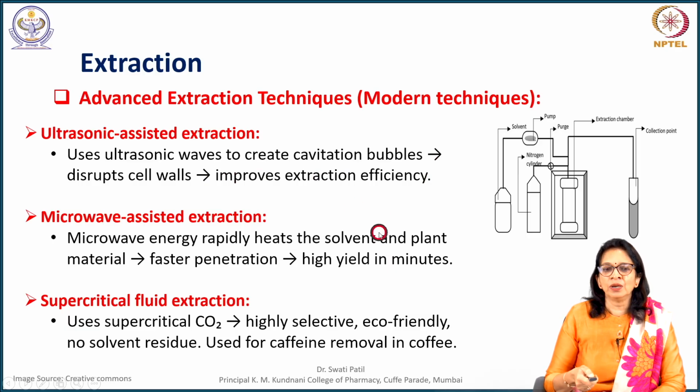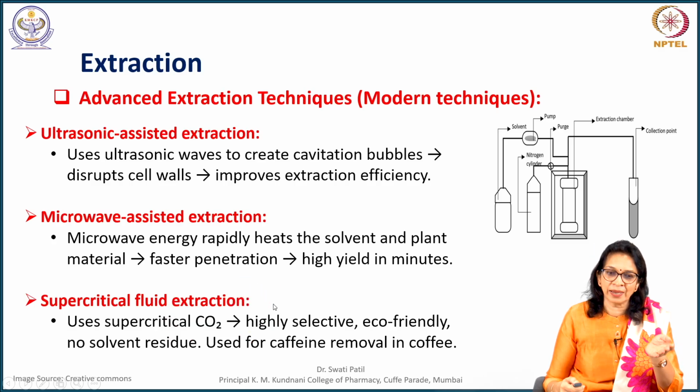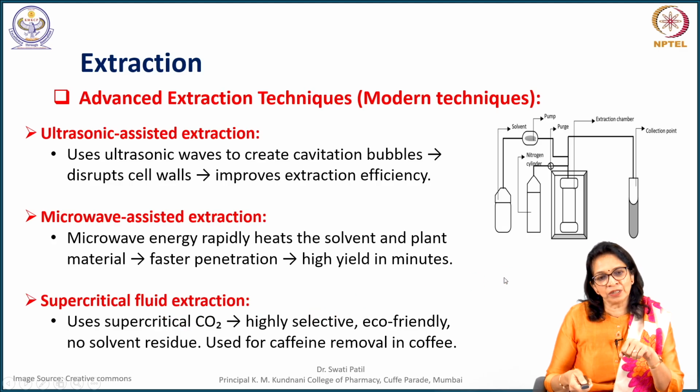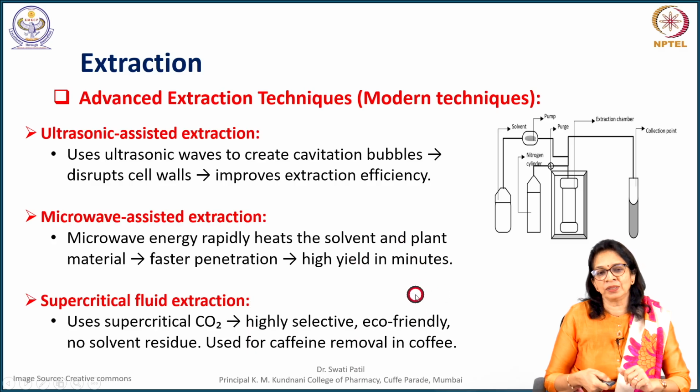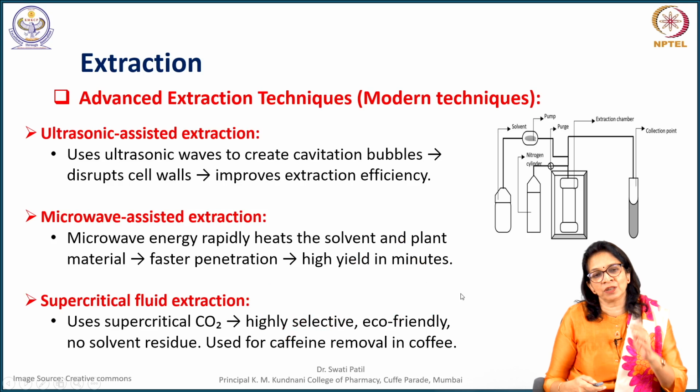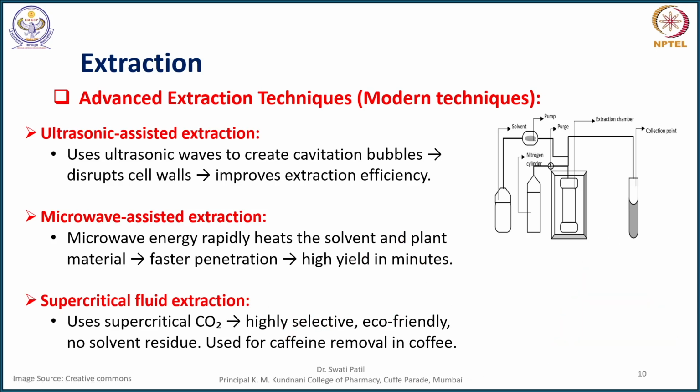Microwaves are used for solvent penetration, and supercritical fluid extraction is where carbon dioxide is at a temperature and pressure where it behaves like a solvent and like a gas. Like a solvent it penetrates very easily, and it leaves easily because it behaves like a gas also. So, there is no solvent residue found in the extract. This is generally used for separation of caffeine from tea and coffee. That is how we have decaffeinated tea and coffee.